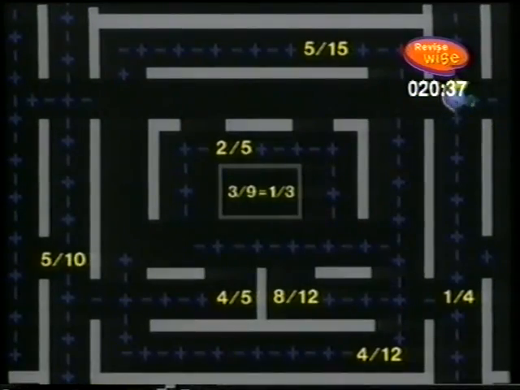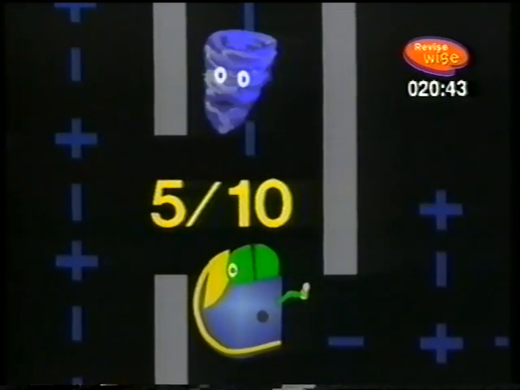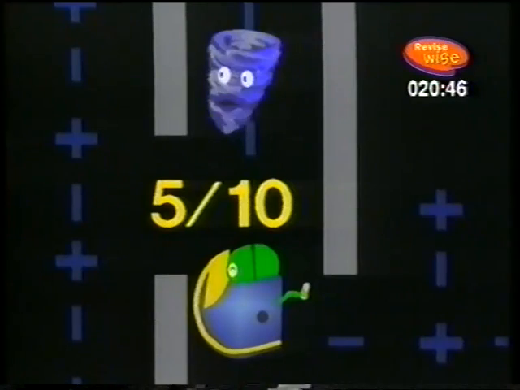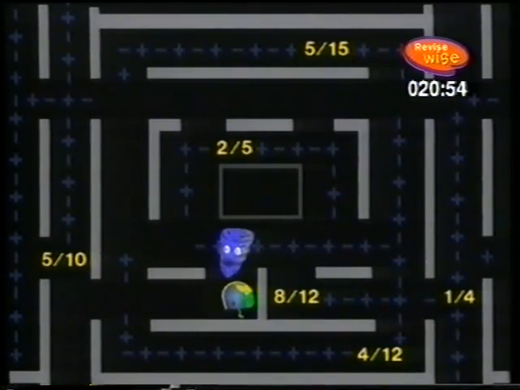Mathman, Mathman, 1/3, 1/3. Mathman, Mathman, Mathman, Mathman, Mathman, Mathman. Use your head. Nope. Mathman, Mathman, Mathman, Mathman, Mathman, Mathman, Mathman, Mathman. Mathman, Mathman.